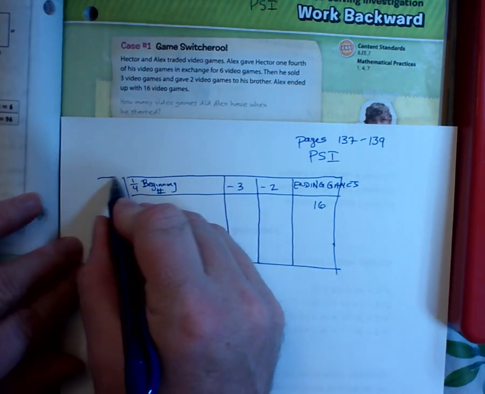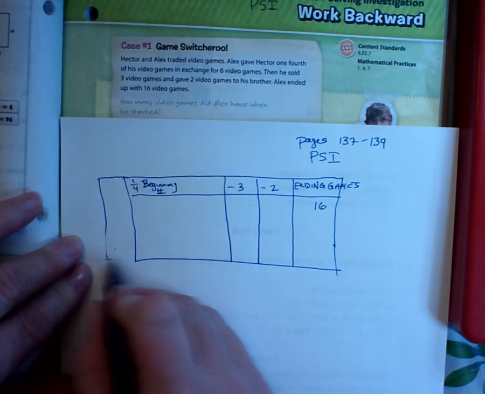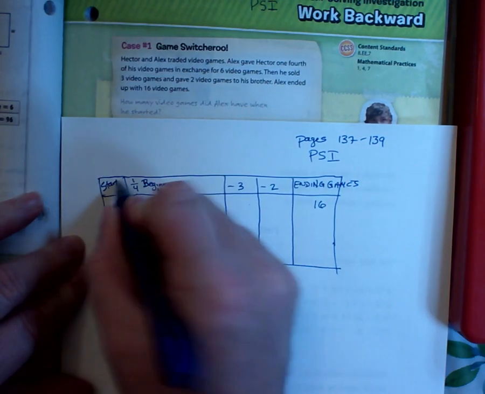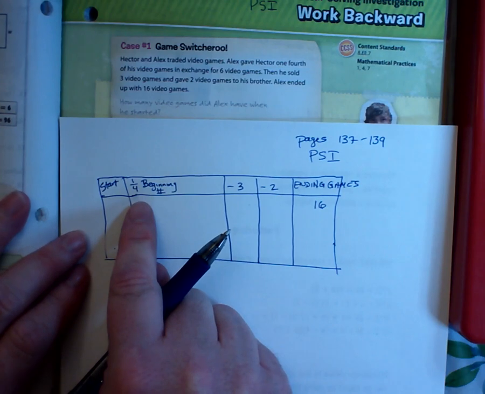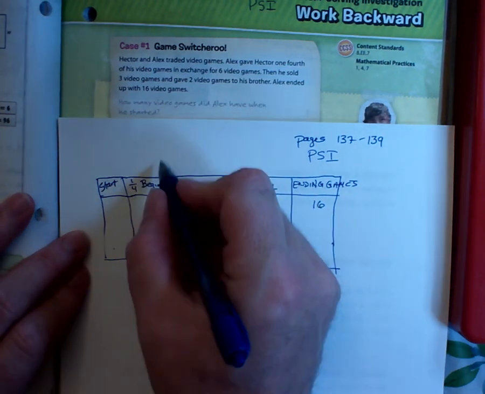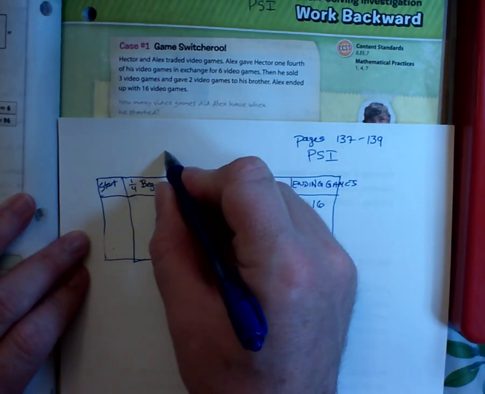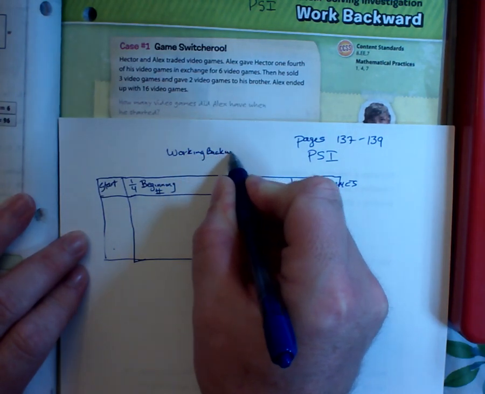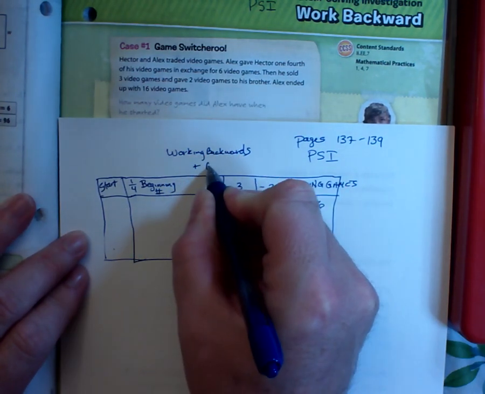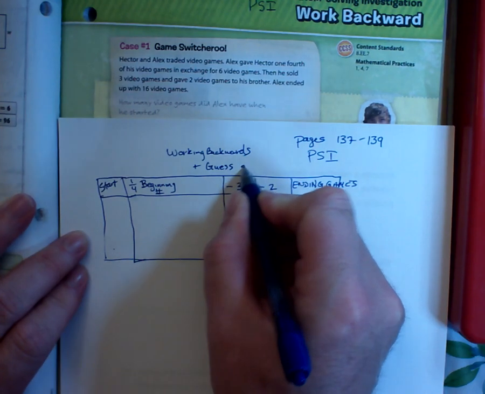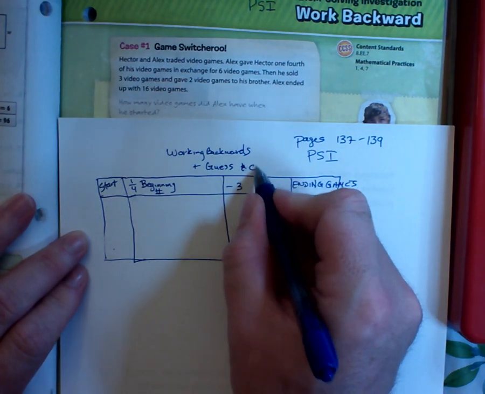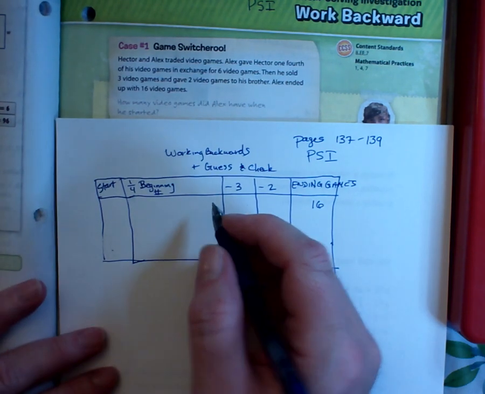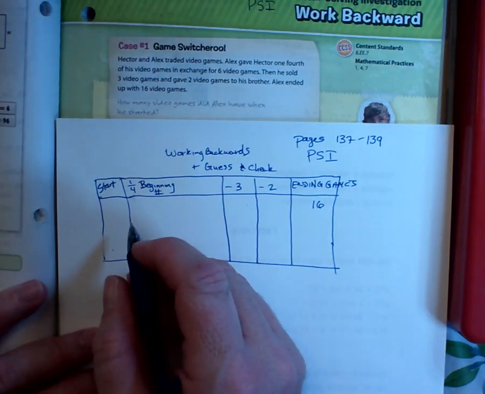So let's say that we start with, here in this column, and we're looking at this number 1/4. So if we're going to do a guess and check, we're still working backwards. Plus, we're doing a little guess and check. These are great strategies, and you use these all the time in career and school.